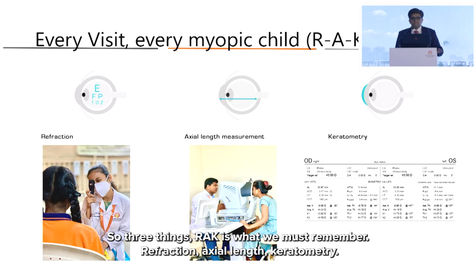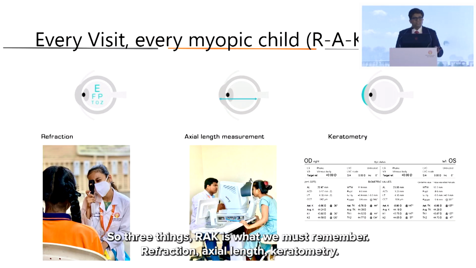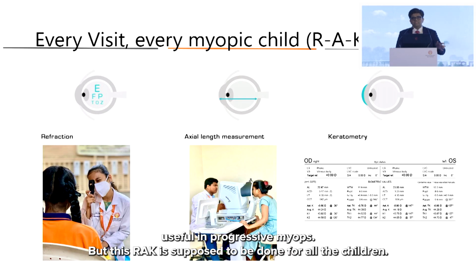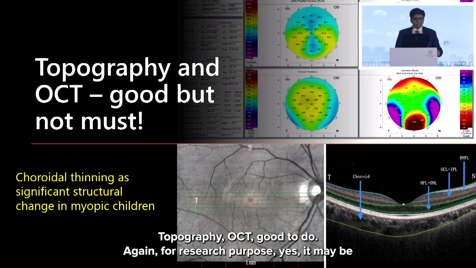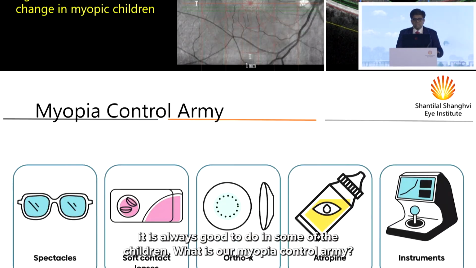So 3 things, RAK is what we must remember: refraction, axial length, keratometry. All visits, all children, whether they are progressive myopes or not, it will be very useful in progressive myopia. This RAK is supposed to be done for all the children. Topography, OCT, good to do. Again, for research purposes, yes, it may be a biomarker in future, it may be a clinical marker in future, but it is always good to do in some of the children.